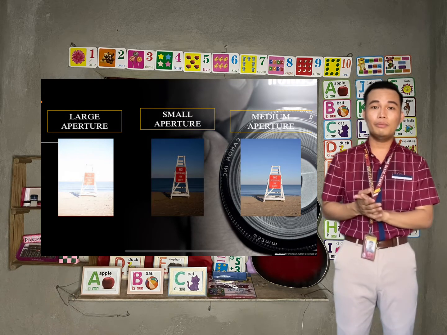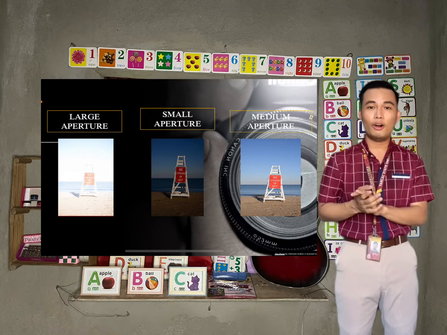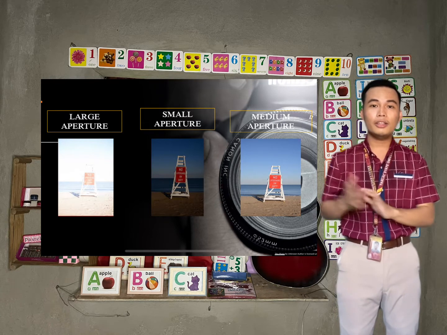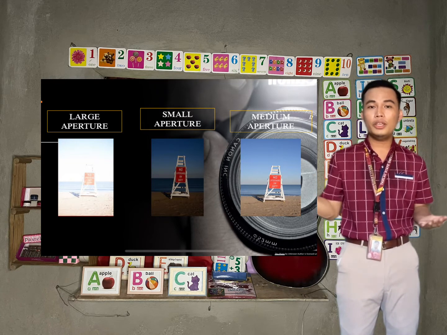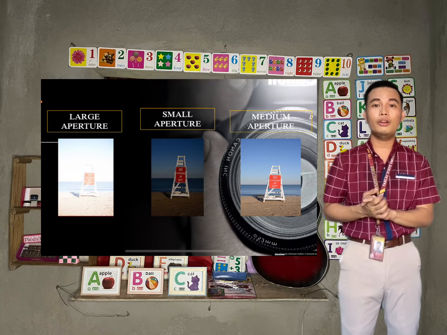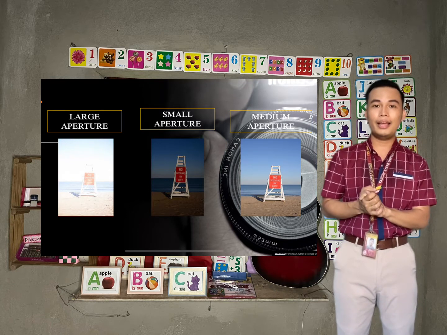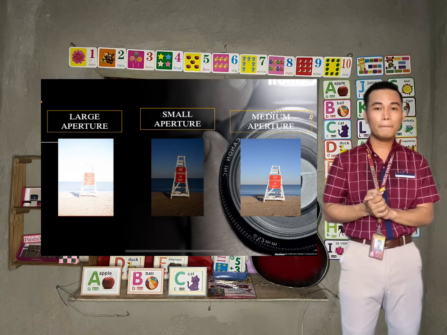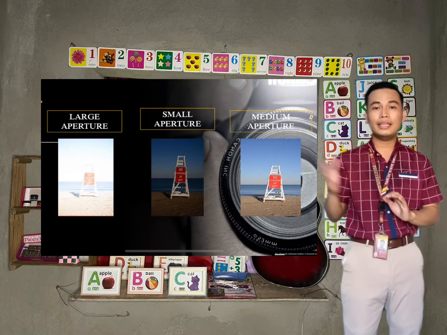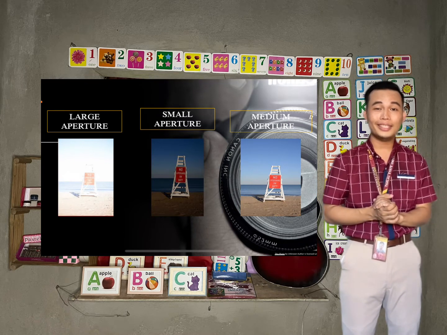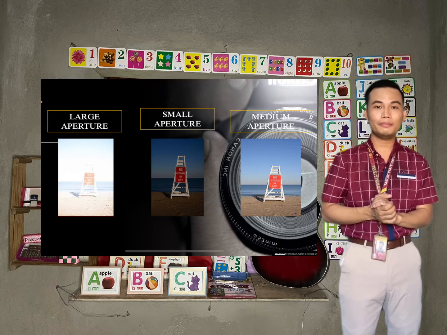A small aperture does just the opposite, making a photo darker. A medium aperture makes the photo look normal and balanced. Take a look at the illustration to see how it affects the exposure.